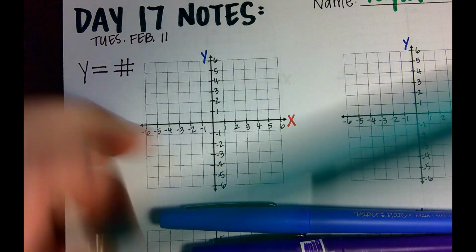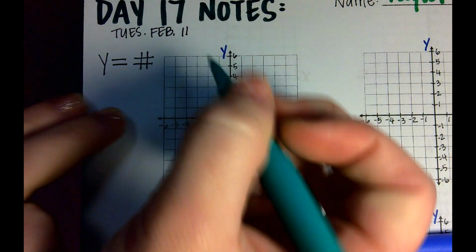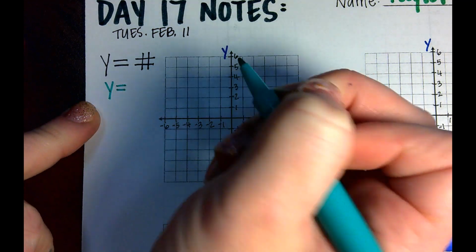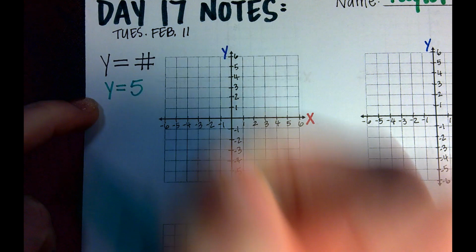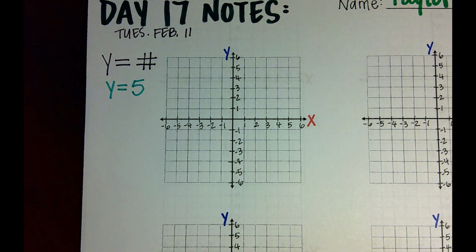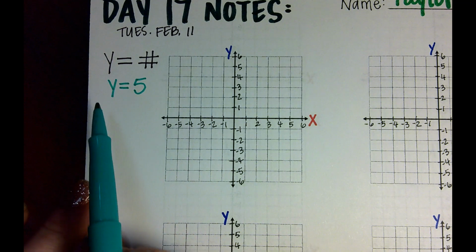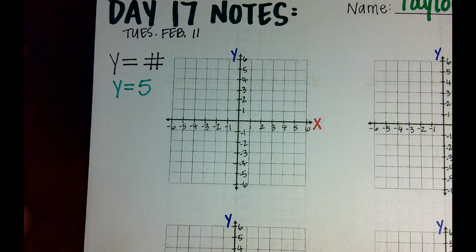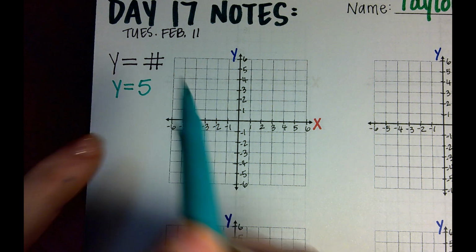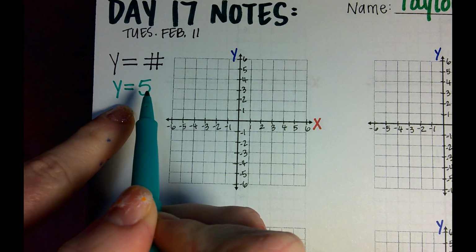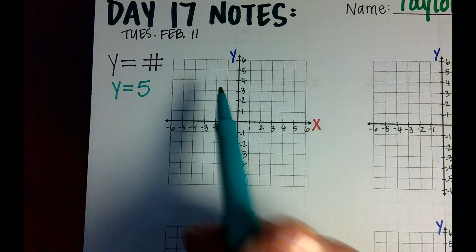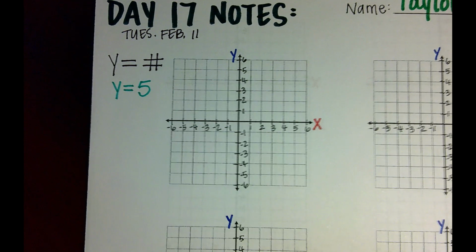So I'm going to start by giving us an equation like this. Let's start at y equals 5. So remember, an equation that starts with y equals, we can think of as being in slope-intercept form. It could be y equals mx plus b. We could recognize that I don't see an x, so I don't have a slope. I'm just given a point for y. Or I like to think of it this way.